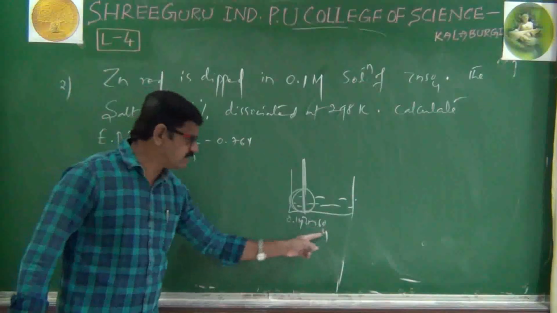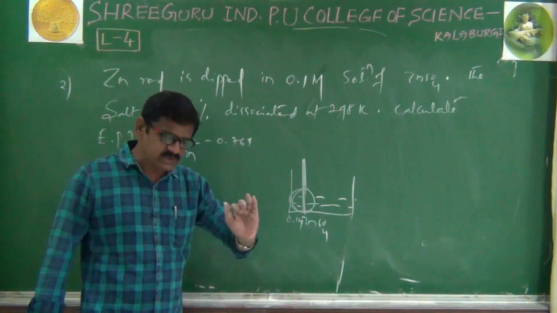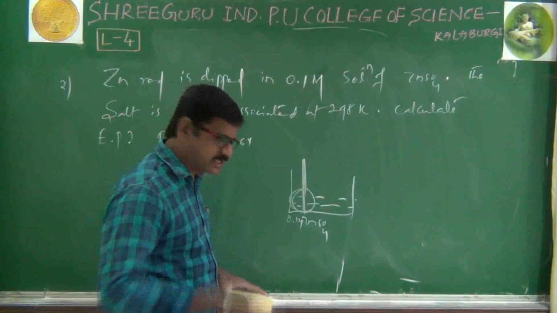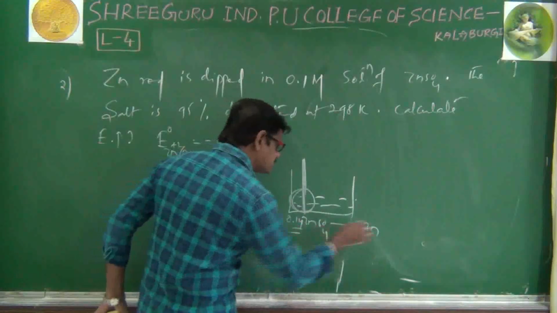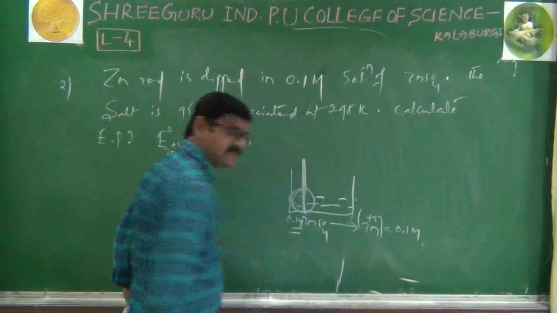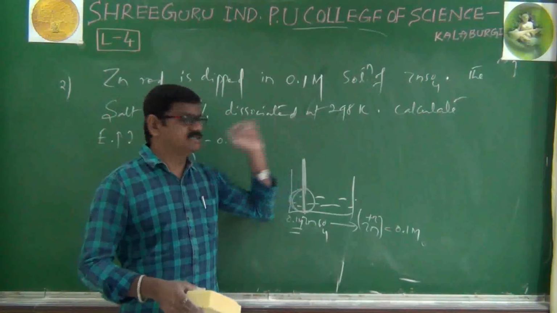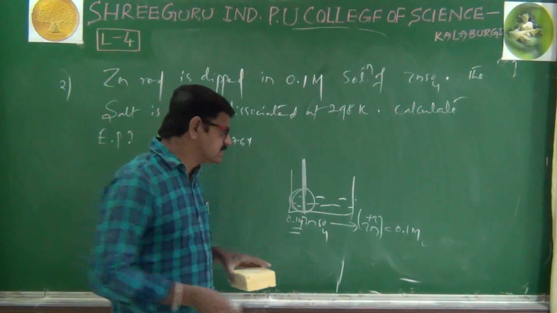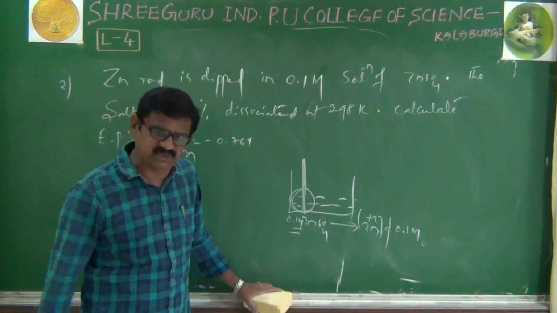Means this zinc sulfate solution is not dissociating 100%. If it were 100% dissociated, whatever the zinc sulfate concentration is, the Zn2+ concentration we could also take as 0.1 molar. But here it is not 100% dissociated, so in this case we cannot take 0.1 directly. It is just 95% dissociated.